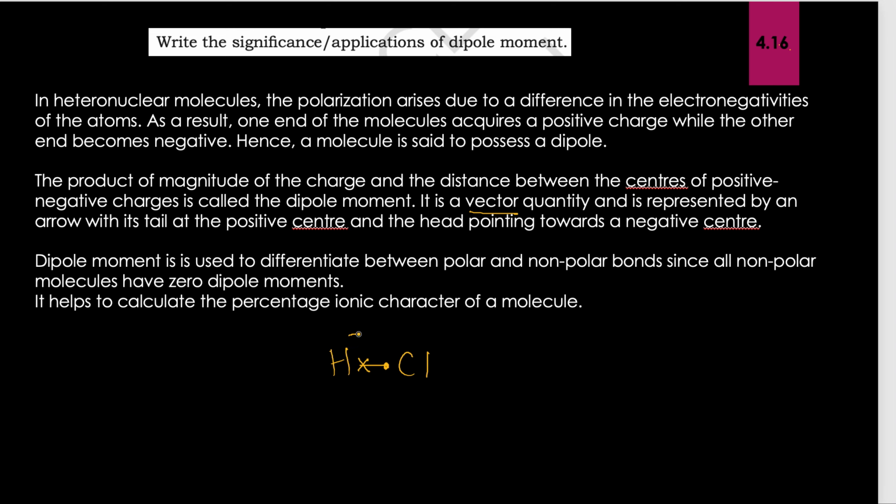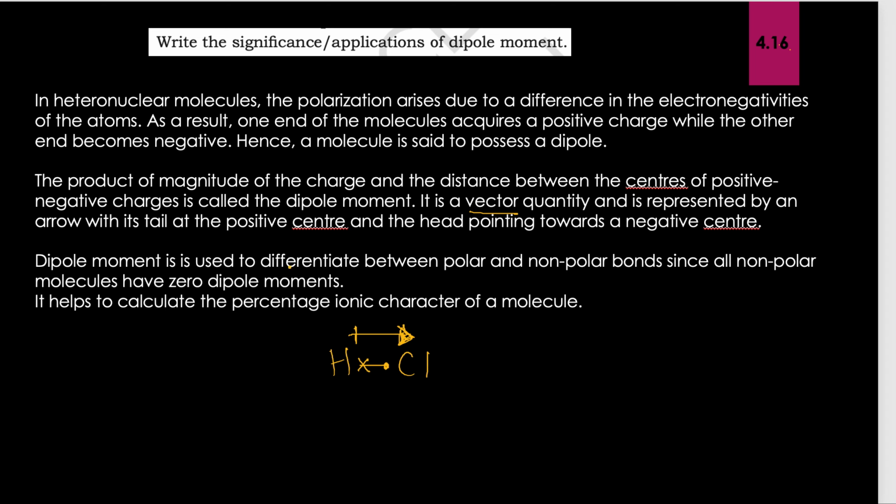So I'm going to draw an arrow facing towards the more electronegative element. Here it is represented by an arrow with its tail at the positive center, which is hydrogen, and the head pointing towards the negative center. Now this is how a dipole moment is represented. Always the arrow is moving in the direction of the more electronegative element.